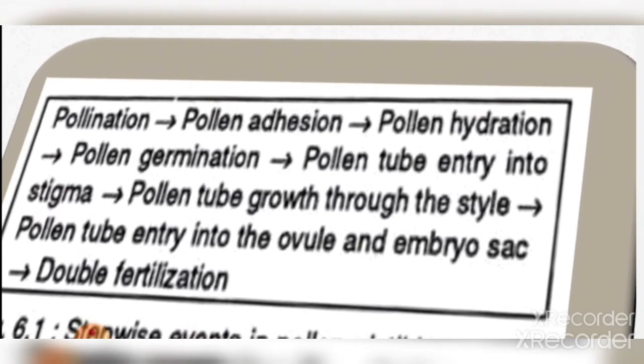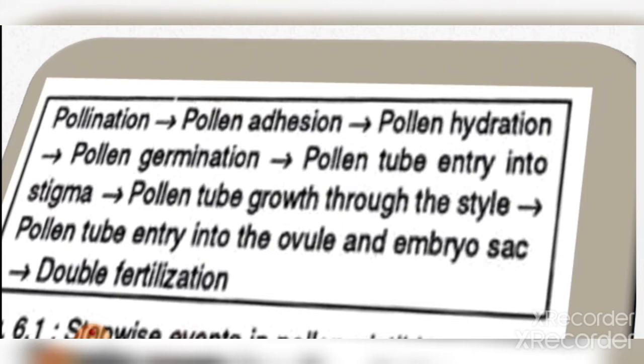First is pollination, which is nothing but the transfer of the pollen from the anther to the stigma, of the same flower or a different flower of the same plant, or a different plant of the same species, right? This is pollination. Then pollen adhesion, meaning there is some attraction of the pollen with the receptacle of the pistil. What is the receptacle of the pistil? That's nothing but the stigma.